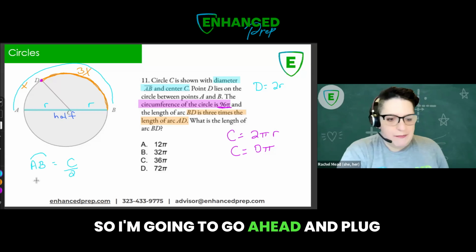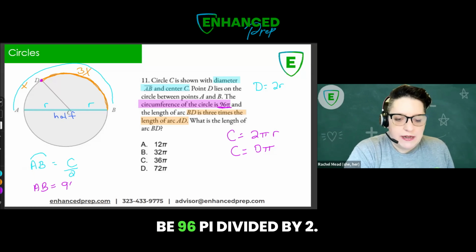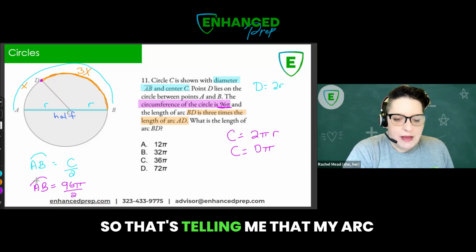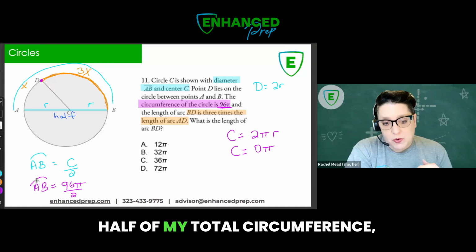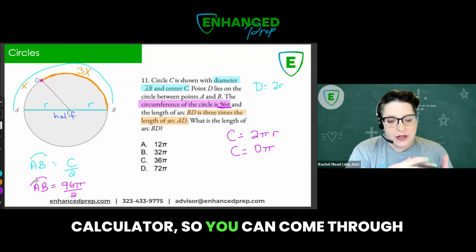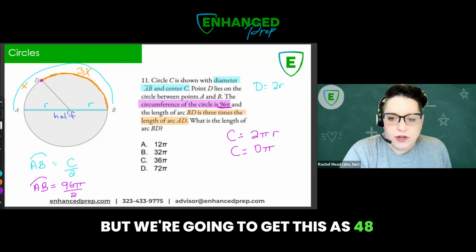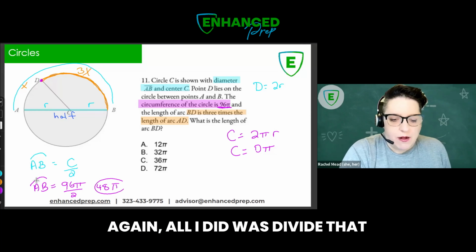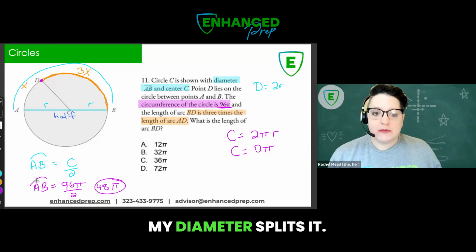So I'm going to plug that in right now: AB is going to be 96 pi divided by 2. That's telling me that my arc length of AB, because it's half of my total circumference, and remember you've got your calculator, is going to be 48 pi. All I did was divide that circumference in 2 because I know my diameter splits it.